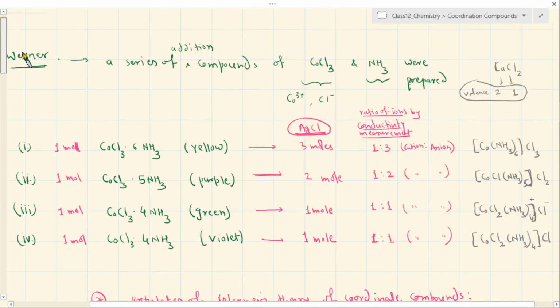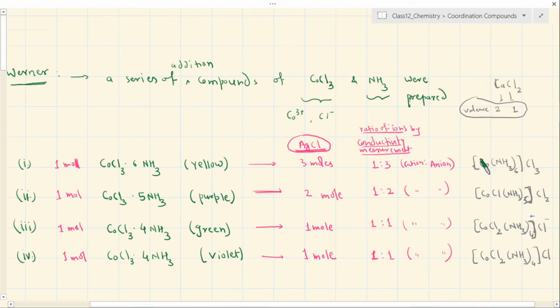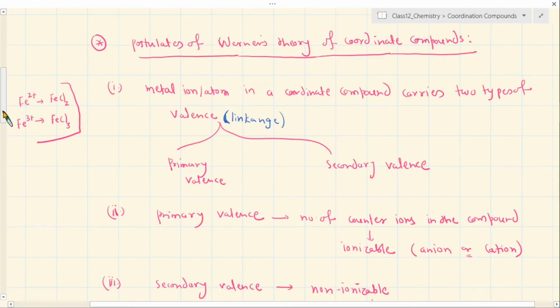That means he was successfully able to not only explore the nature of bonding inside this coordination entity, but also to talk about the structure of the complex entity. At that point of time, structure is a very important thing, right? So these are some of the important aspects of Werner's theory of coordination compounds.